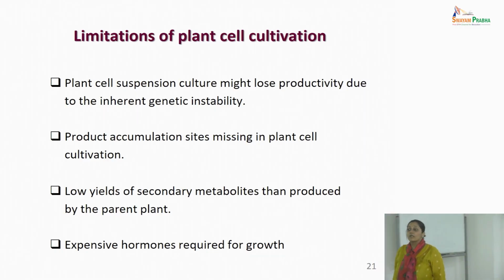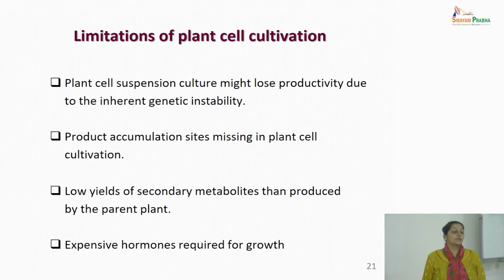So if one has to work around reducing the production cost, unlike microbial fermentations or in nature, the cost of the media here is higher. Of course, with animal cell cultures, it is much higher, but nonetheless, if you compare it with microbial fermentations, the cost of the media is higher because of the expensive components like growth hormones present in the media.